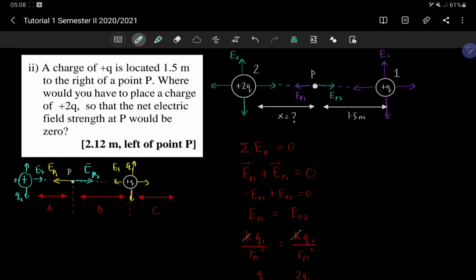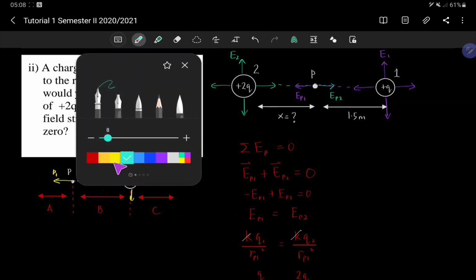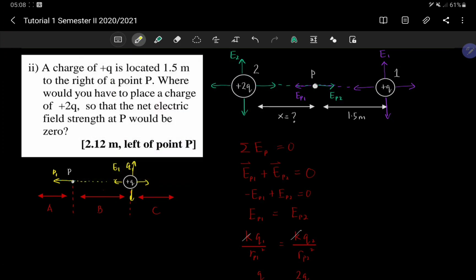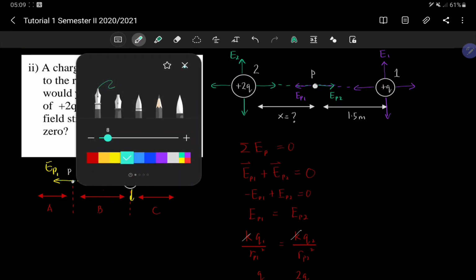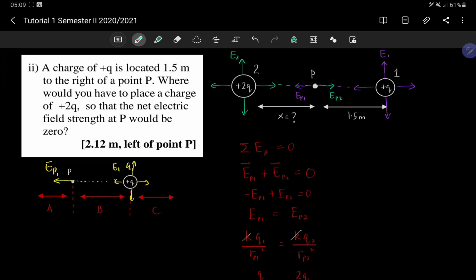By locating Q2 at B, can we have that situation? Let's do it again. E on P by 1 is still the same and maintained because Q1 is fixed over there, so we don't have to change the situation. This is E on P by 1. By locating the second charge Q2 at B, the direction of E2 is like this.